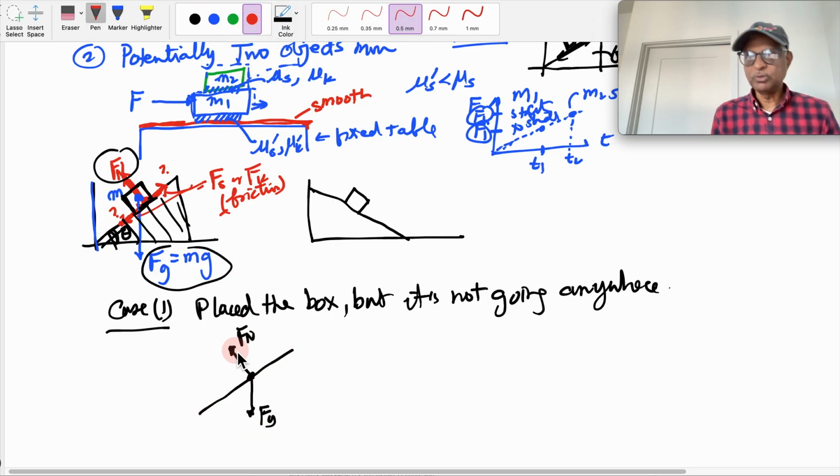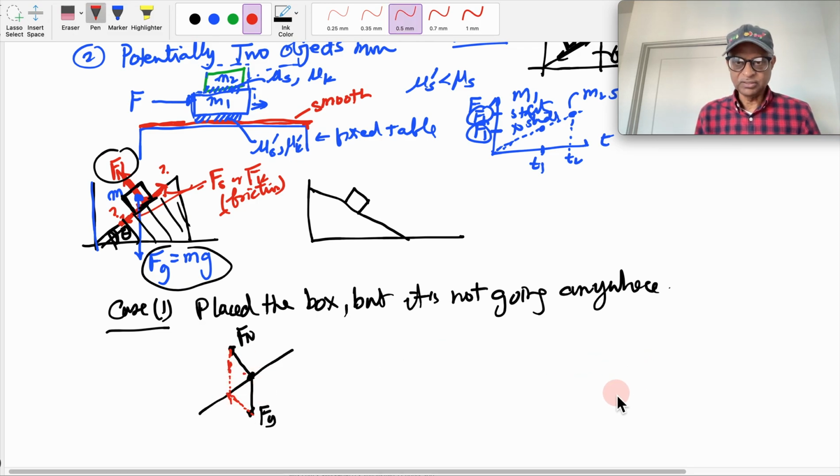So if these were the only forces, then their sum will be pointed in some direction.